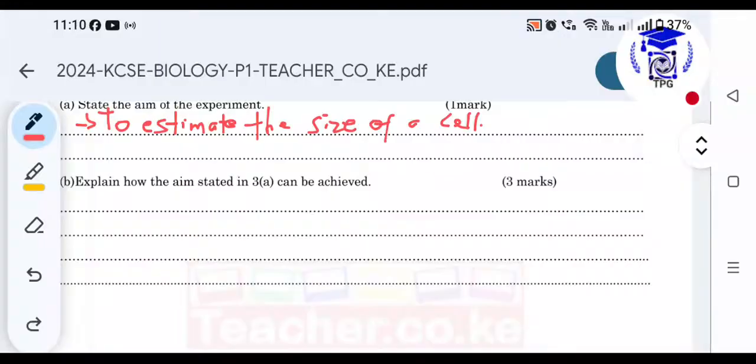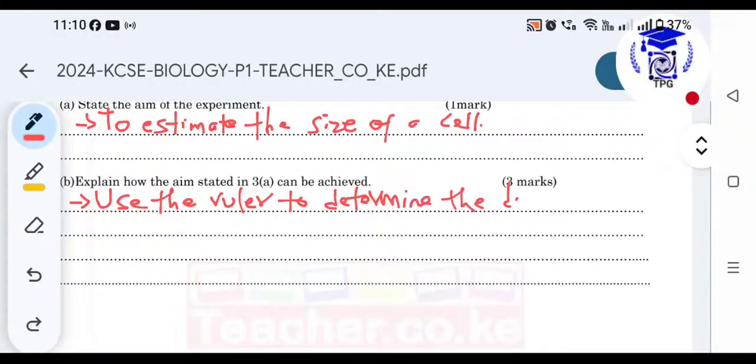The first thing we are going to do is use the ruler to determine the diameter of the field of view.